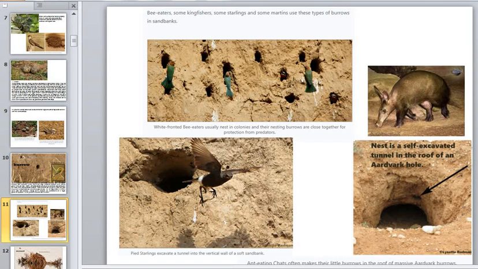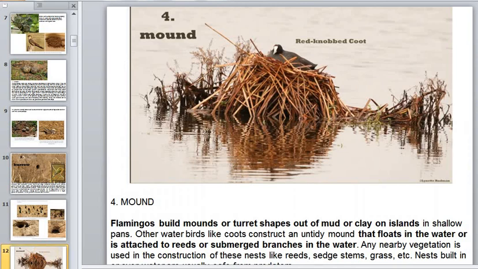Usually these burrows are constructed at a slight gradient upwards, so they can't be flooded when it rains.